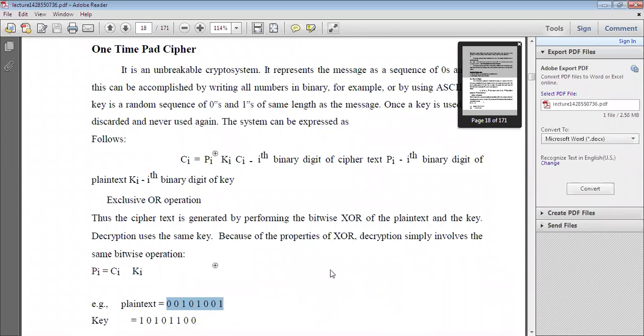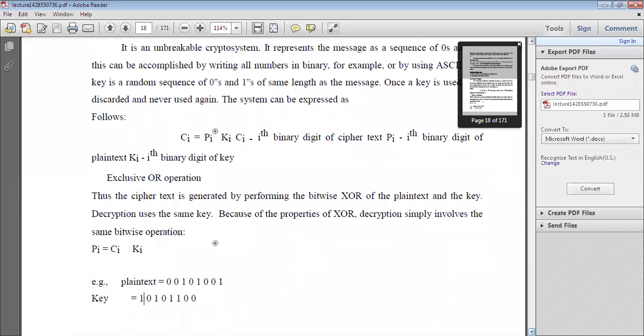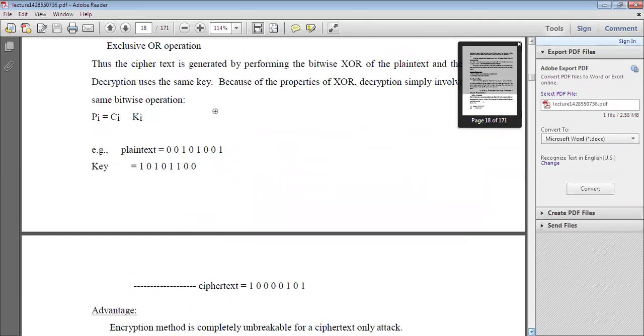After that, what key are we using? I want to use a binary digit key here. This is the key. To get the cipher text using this technique, every binary value of the plain text is compared with the key, and you have to perform the XOR operation. What is the XOR operation?